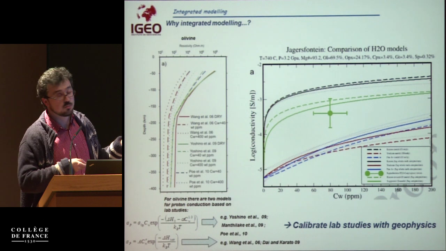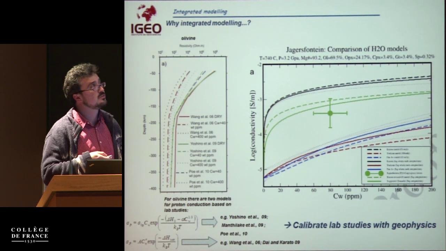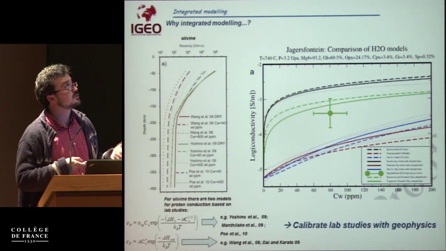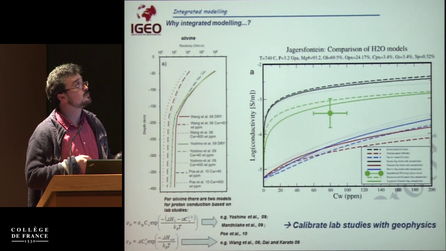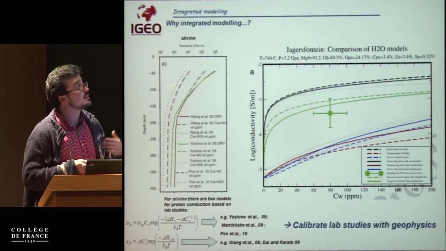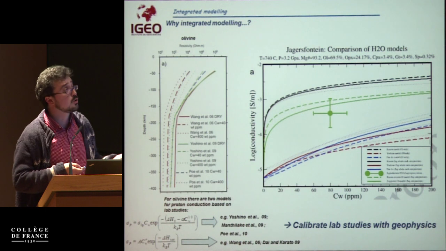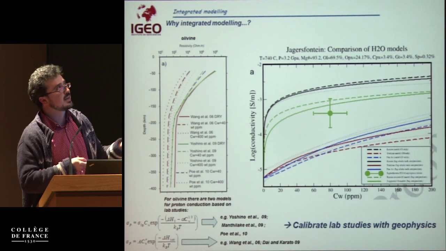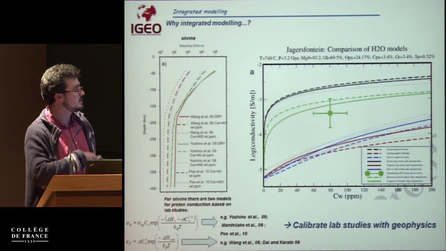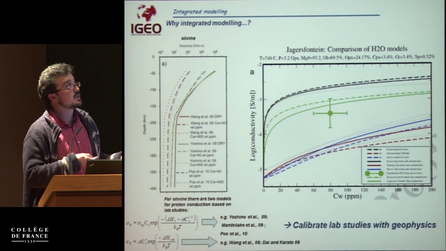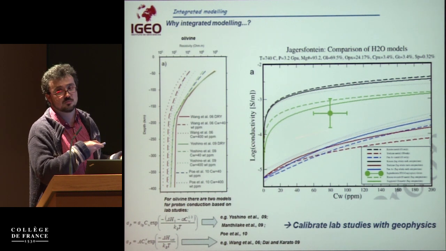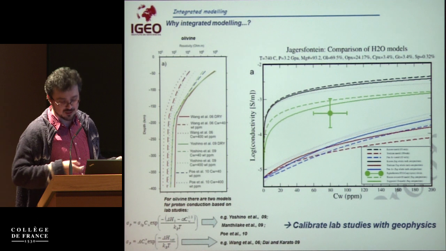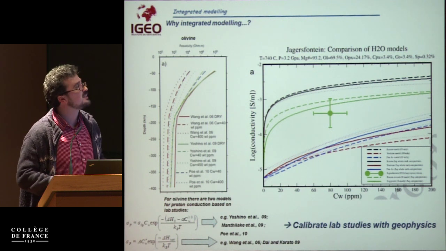And actually in this example, what we did is to take very high quality magnetotelluric data from Campbell Creighton, plus some xenolith information on the temperature, pressure, and the composition, and we calibrated back those experimental parameters, actually finding something precisely in between the two experimental groups, perhaps very convenient.